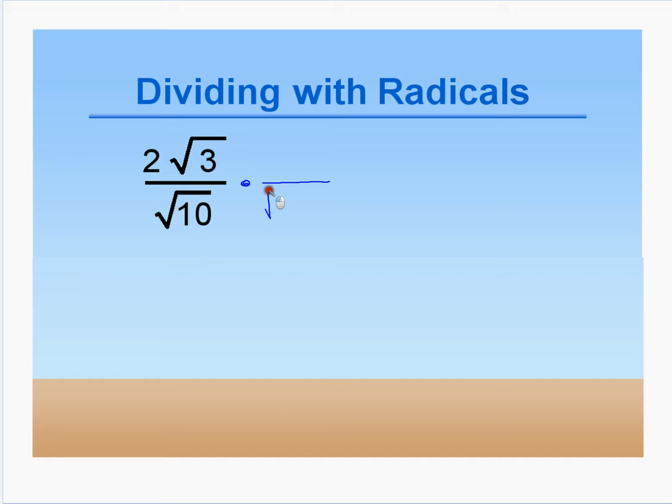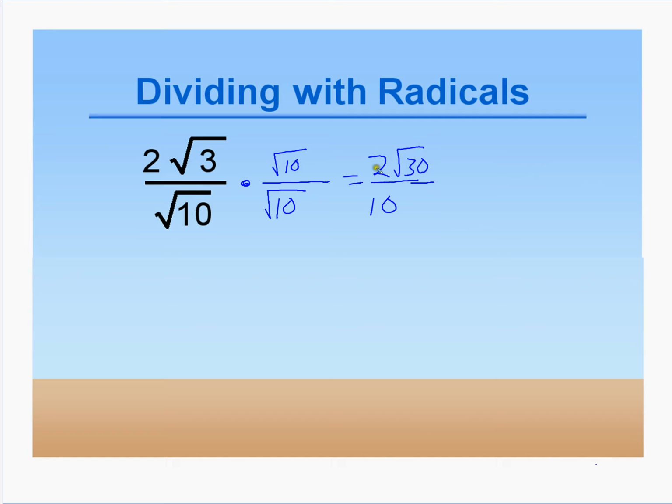So we know that we can multiply the bottom by square root of 10 because the square root of 10 times the square root of 10 is simply 10. But what we do to the bottom, we have to do to the top because we're multiplying by a form of 1. Now multiplying here, we have our 2, and then square root of 3 times square root of 10 is the square root of 30. We want to make sure we can't simplify anymore. Square root of 30 doesn't have any perfect square factors.